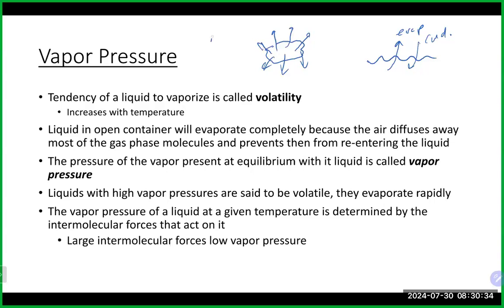You also will have air molecules that will push these molecules away as they evaporate. What that's going to prevent is the condensation part from happening. So as those molecules get pushed away, they're no longer available to drop back into the liquid phase, and eventually your little wet spot will evaporate.